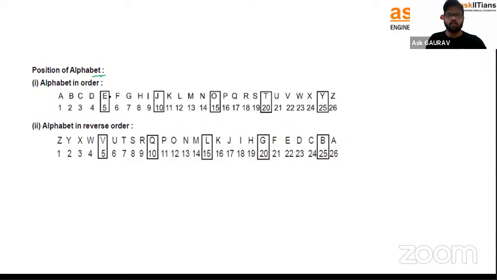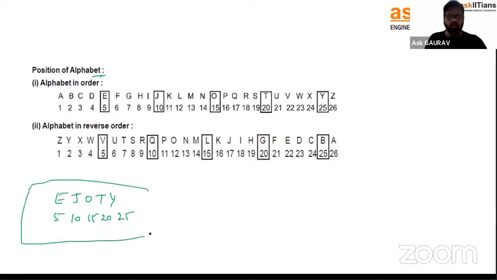If you forget, remember EJOTY: E stands for 5, J for 10, then 15, 20, and 25. In reverse order, it's V, Q, L, G, B. Got it?